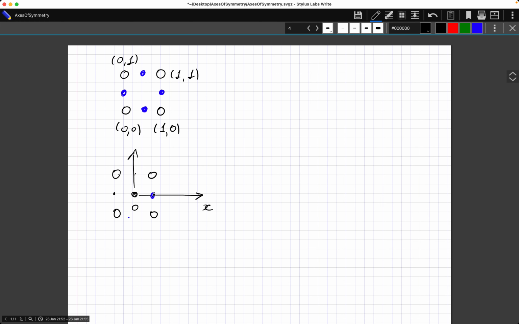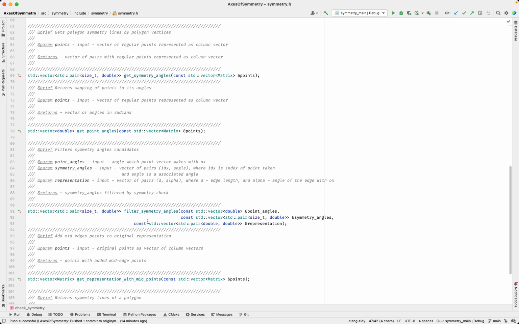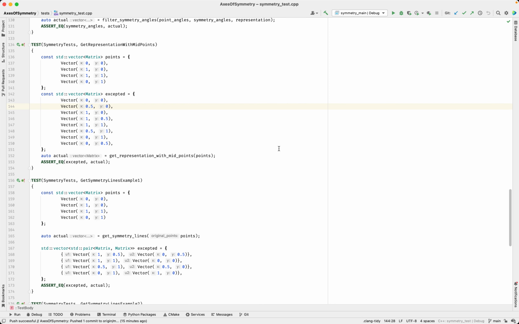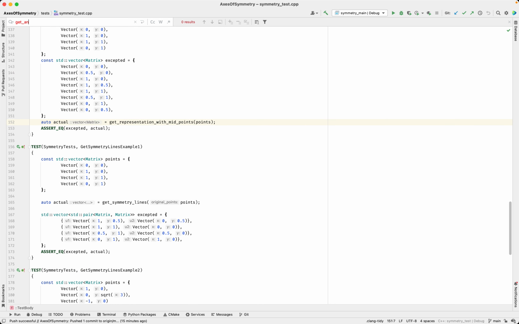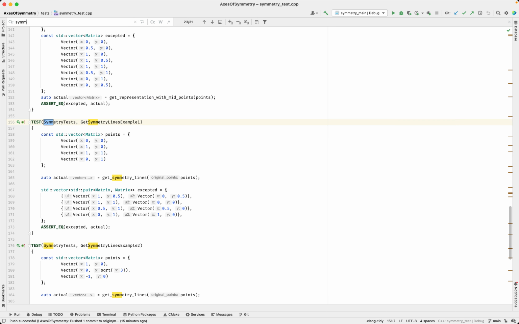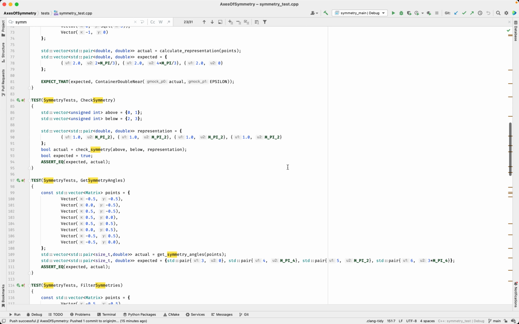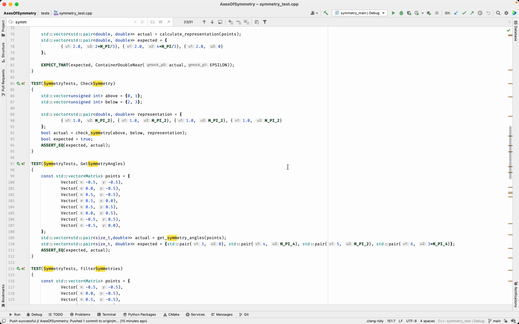Specifically in this case, this angle starts with 0, and according to the test, get symmetry angles.